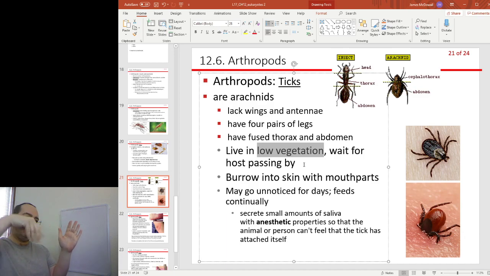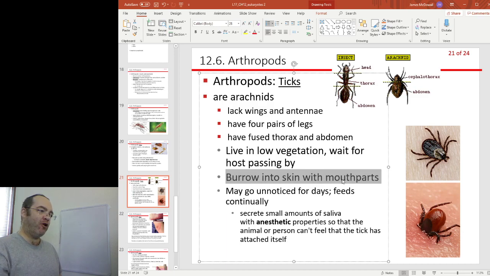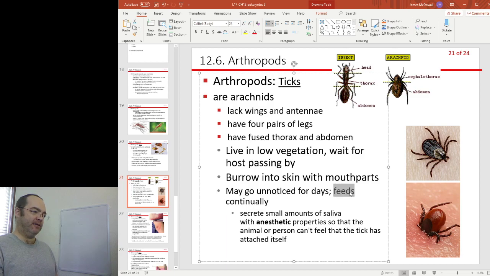And then when the animal host walks past, they brush against the grass, they brush against the tick, and the tick is now on the animal. The tick burrows into the skin with its mouth parts and it just feeds. The body will swell larger and larger.